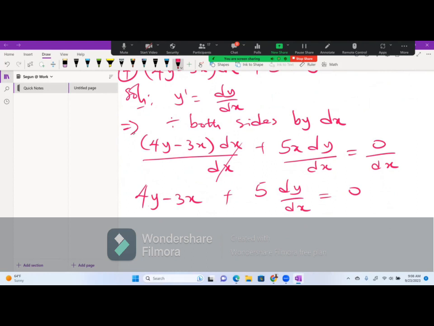But I can rearrange this by saying 5x y prime plus 4y equals 3x. Do you agree with me?